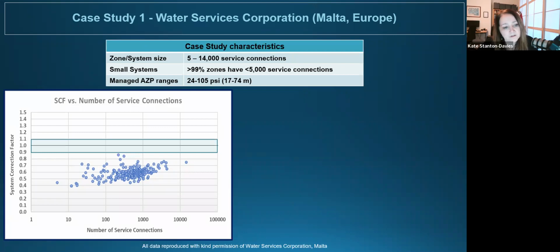So when we're looking at these results of system correction factors, we're really looking for large variances away from that standard value of 1. Anything that sits plus or minus 10% around the standard UARL calculation is going to be just fine.